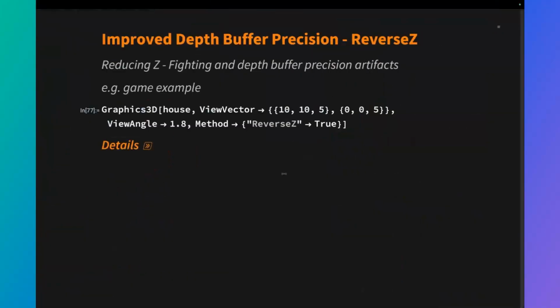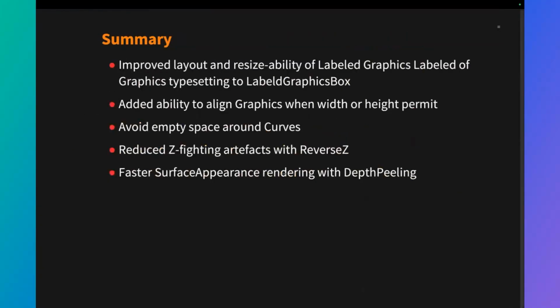So this brings this talk to an end. So basically, we've just looked at the improvements we've made in the front end. Labeled graphics being under the hood of labeled graphic now helps us to have better layouts and keep things tight.